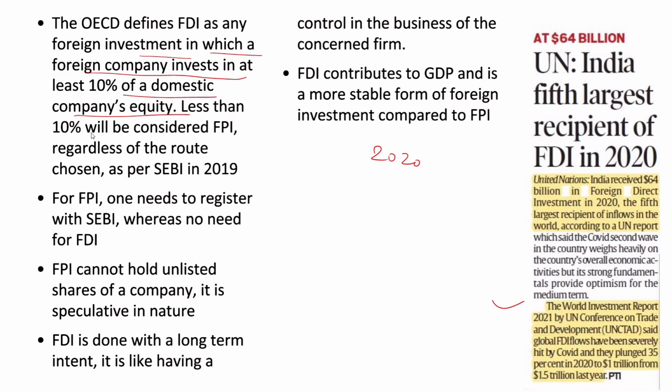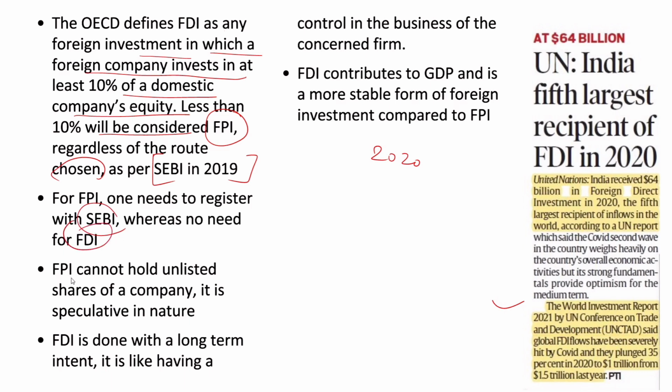If it is less than 10%, it will be considered FPI regardless of the route chosen. This has also been seconded by SEBI. For FPI, that is foreign portfolio investment, one needs to register with SEBI, whereas there is no such need for foreign direct investment or FDI.